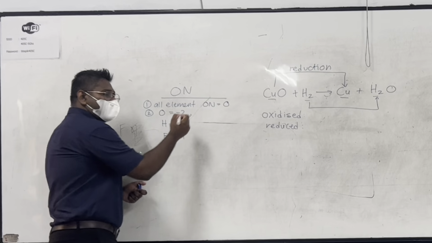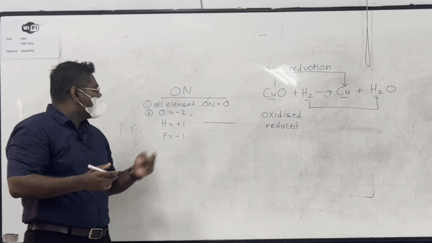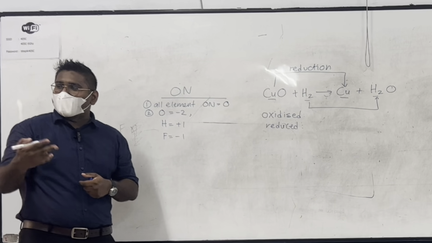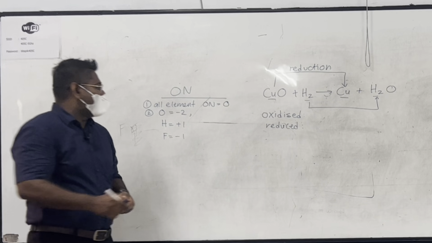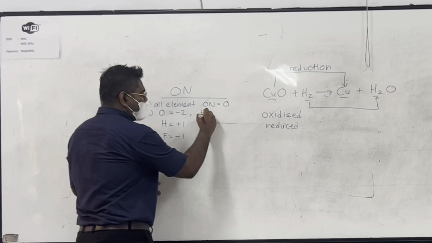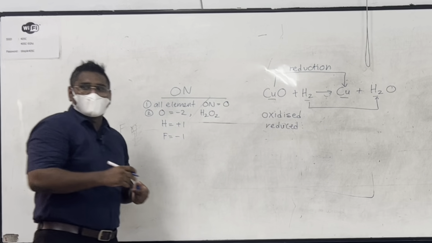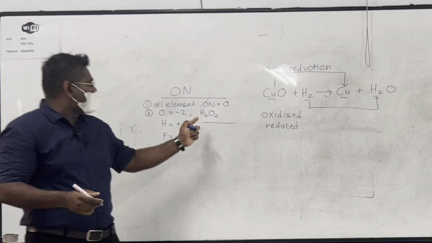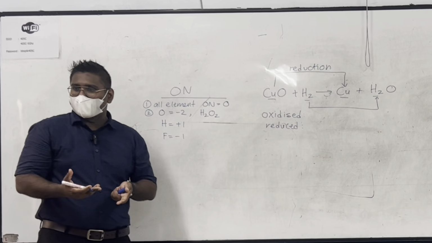So what are the exceptions? Oxygen has 2 exceptions. One, if you have hydrogen peroxide, the exception is hydrogen is always +1.